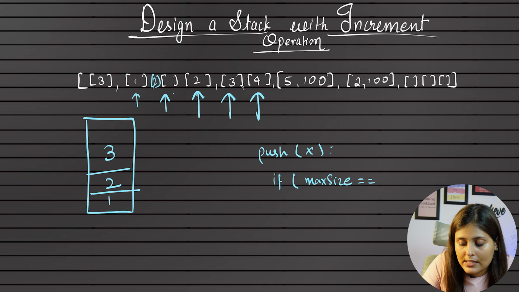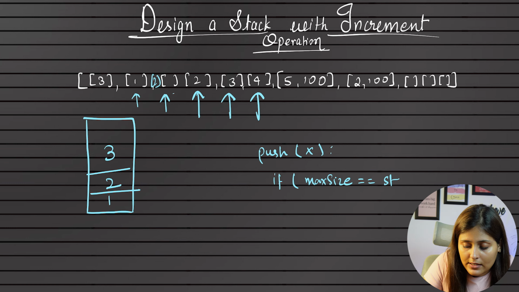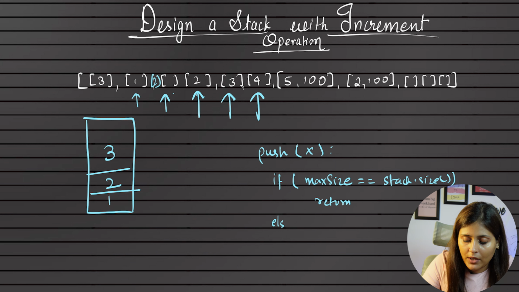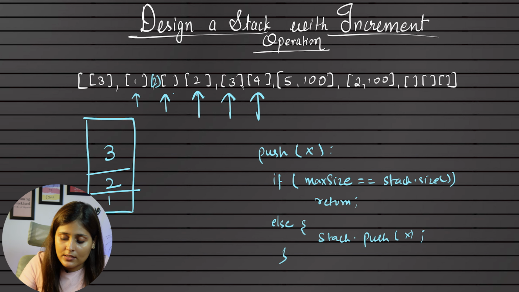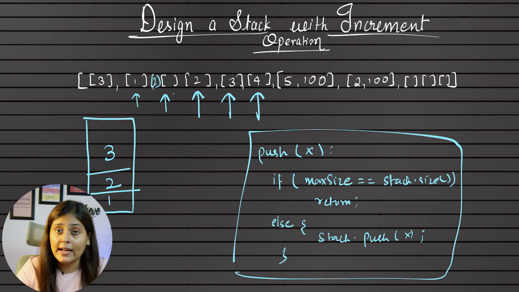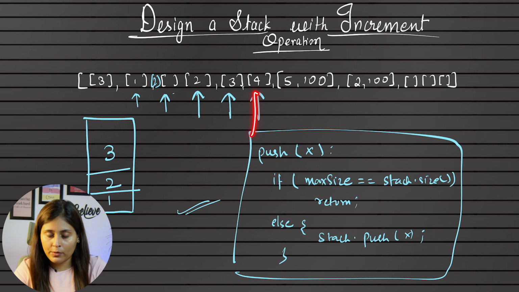Can I say yes, so stack dot size. If they are equal, then for sure we will not push anything and we will return from there, or else we can say stack dot push x, correct? That's it. So this case we have to write inside the push function. Okay, so hence 4 has not been inserted.